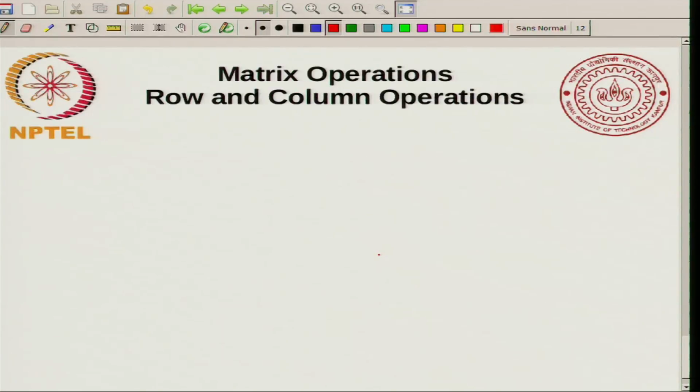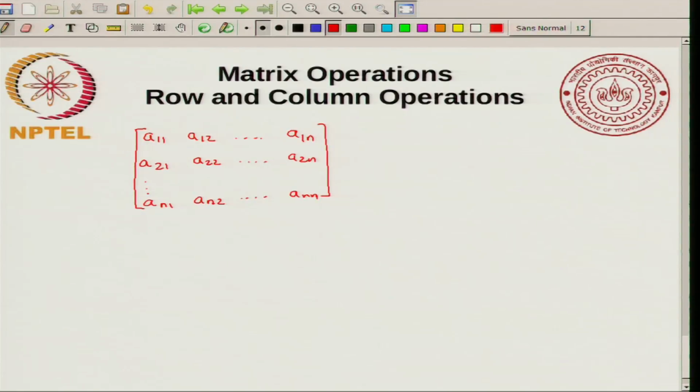The next matrix operation that I want to talk about is row and column operations. Suppose you have a matrix A, a simple matrix with entries A11, A12, up to A1n, A21, A22, A2n, and so on down to AN1, AN2, ANN.